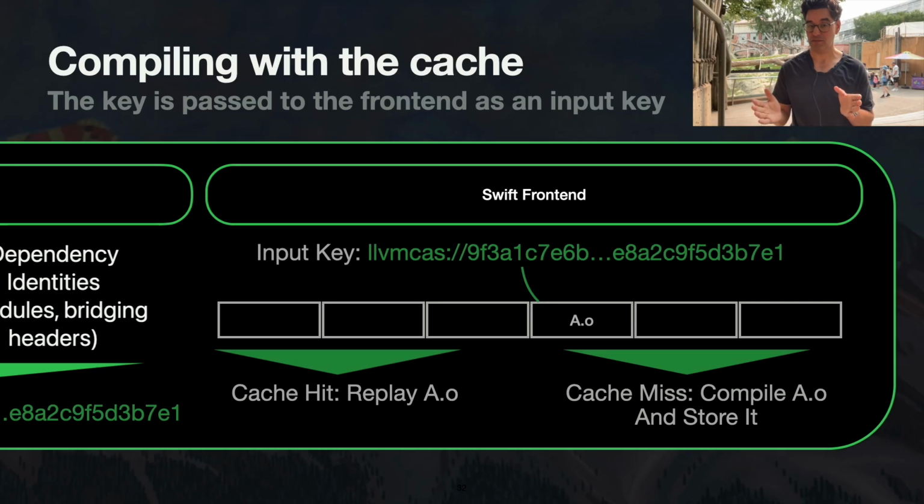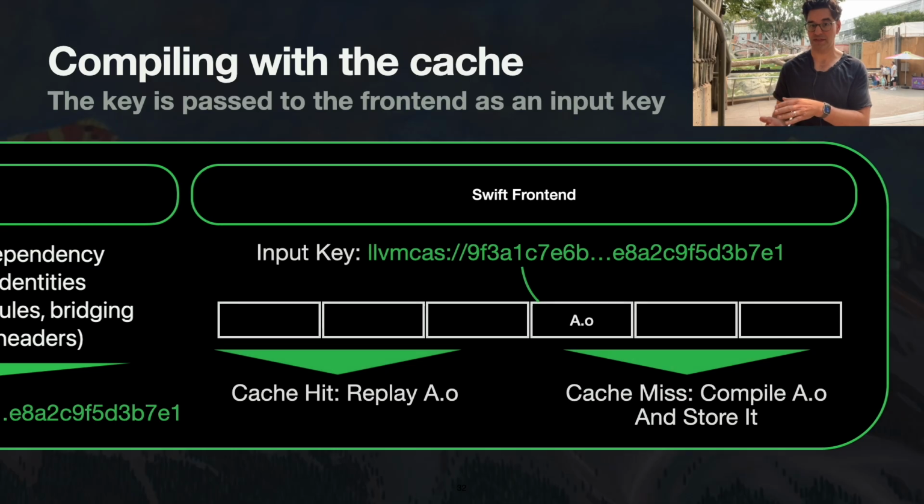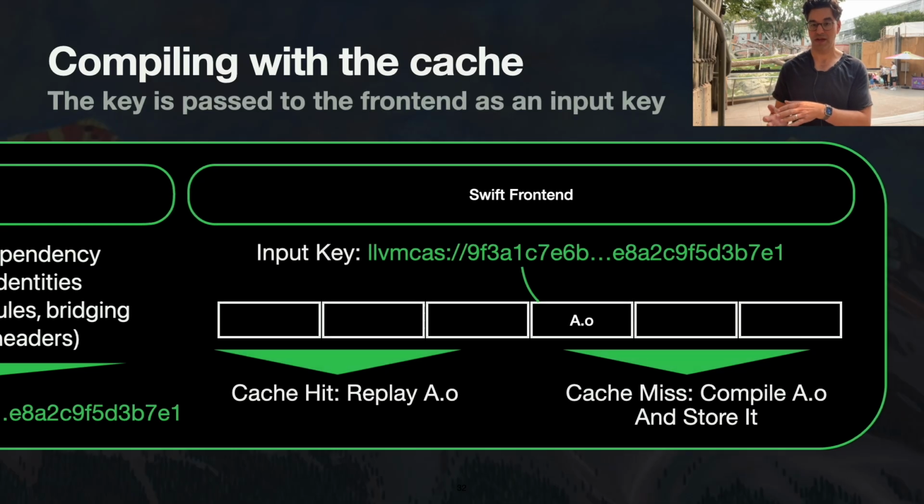Now the front end might do the same work that it did before, but first it's going to take that same key that was passed by the driver as an input key. Once it has the input key, it's going to check the LLVM cache that it has access to, which is the one you find in derived data. If there's a cache miss, if it doesn't find the output files inside the cache, then it's going to say, okay, I need to do the compile.